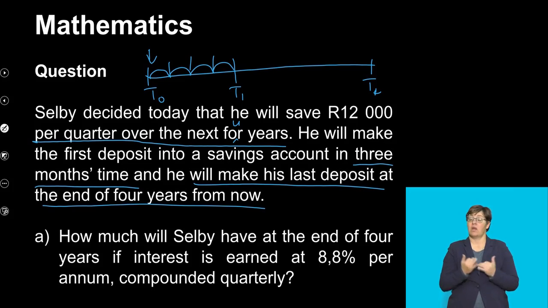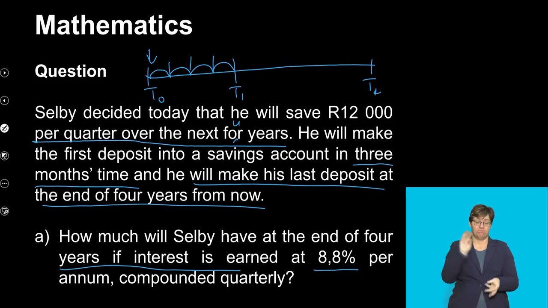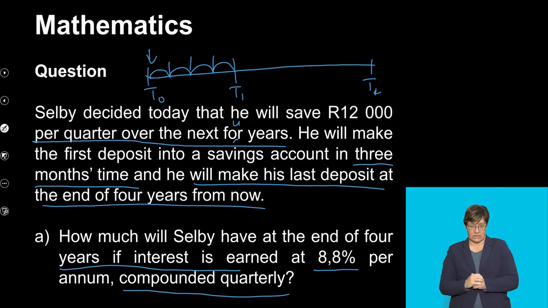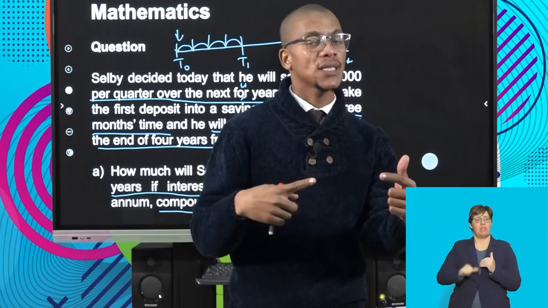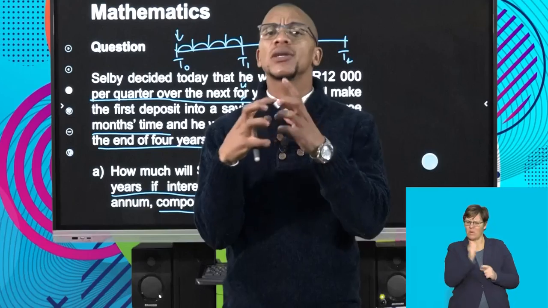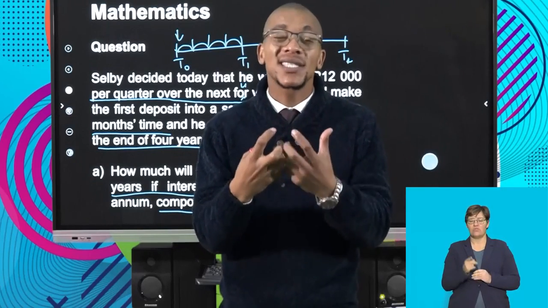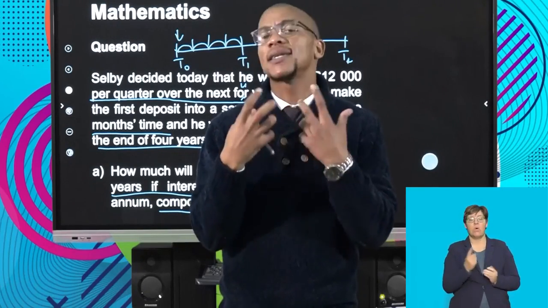What we are required to do is find how much Selby will have at the end of 4 years if interest is earned at 8.8% per annum compounded quarterly. There is no way that this person will make quarterly payments but the interest is charged monthly. Even financial institutions will not really grant something of that sort.